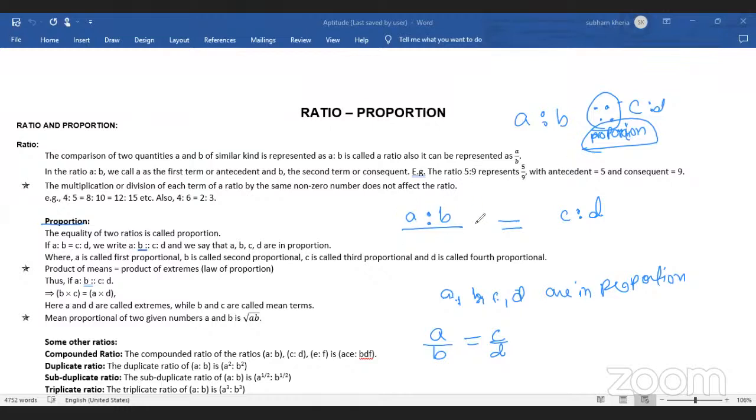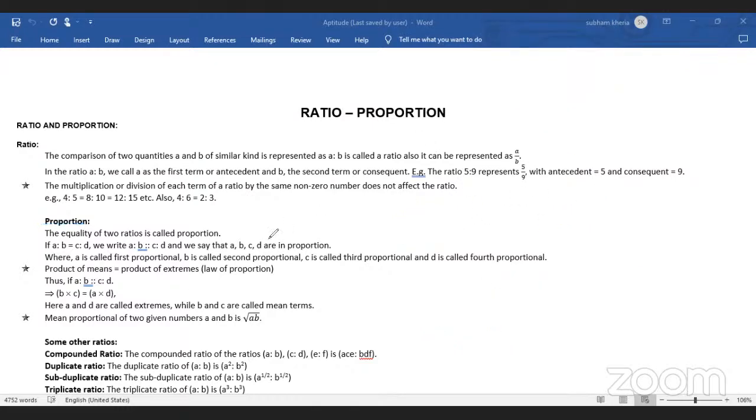Two ratios are given, A is to B, C is to D. We equate it like this: A by B is equal to C by D. Okay. Now when I'm writing A by B equals C by D, can I cross multiply them? Yes, I can. So what do I write? AD equals BC. Now if you compare A, B, C, D, A and D are the outside terms, extreme terms, left extreme, right extreme.